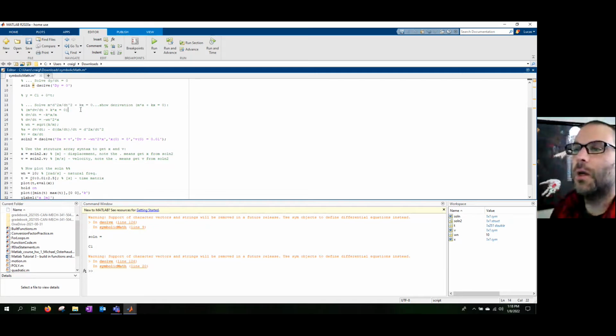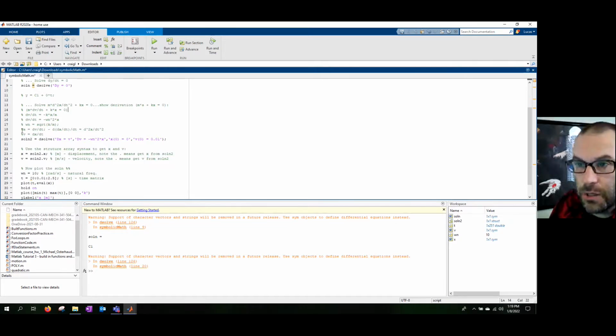Okay. So this is really Newton's second law, mass times acceleration, and this is the spring force. This is the summation of the forces, and this is your ma term. If you remember from Newton's second law, the summation of forces equals ma. So this is the fundamental equation. The second derivative of x with respect to t is really acceleration.